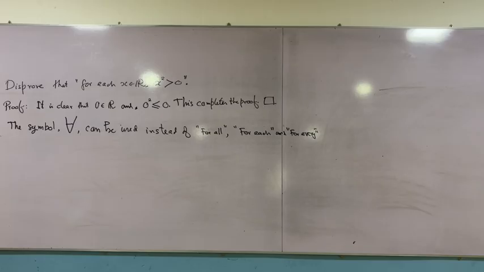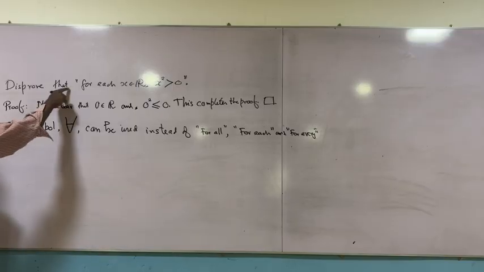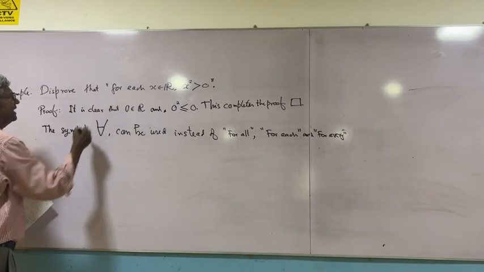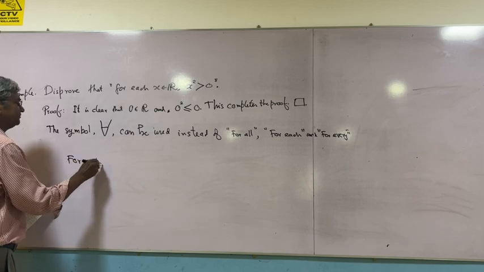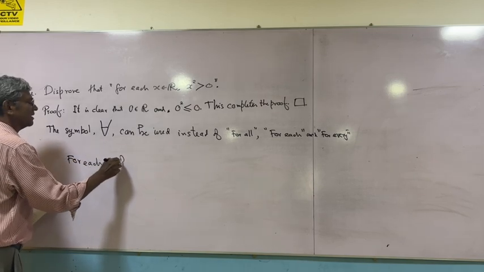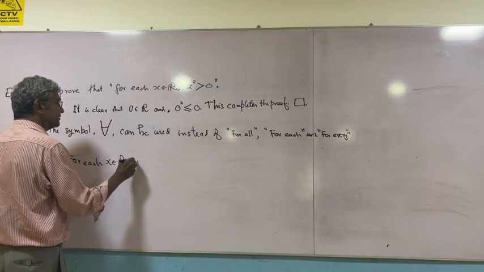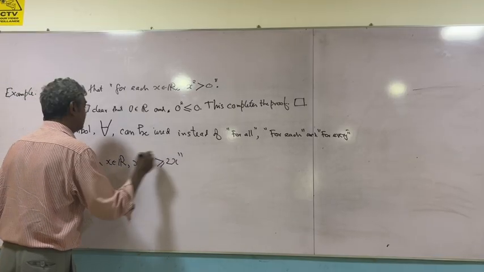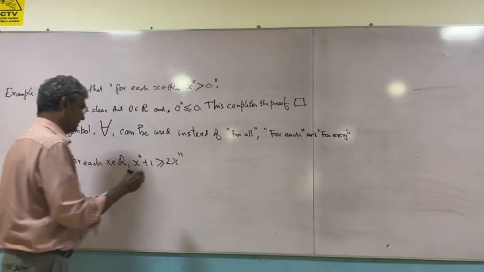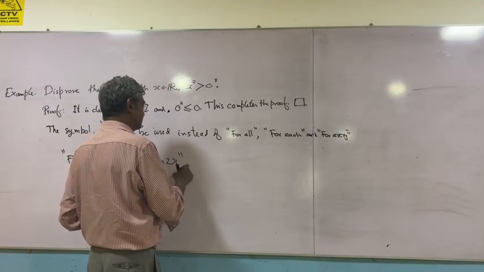So we learned about universal statements, universal quantifiers, and the symbol for the universal quantifier. Now, for instance, this line can be written as: for each x belongs to R, x squared plus 1 greater than or equal to 2x.